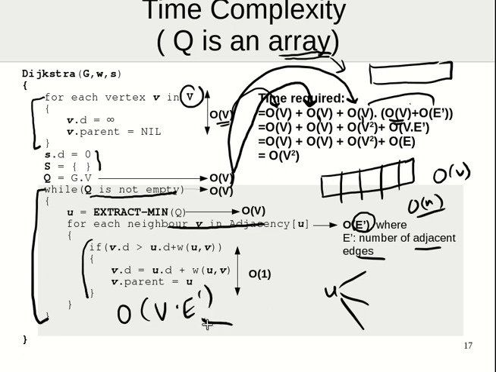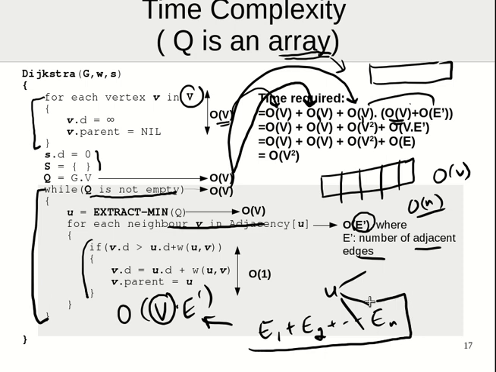These are all outgoing edges from any given node, and there are V number of vertices. Let's say E1 is all outgoing edges from node u, E2 is all outgoing edges from node, let's say v. Similarly, for all the nodes, if I add the outgoing edges together, I get nothing but the total number of edges.